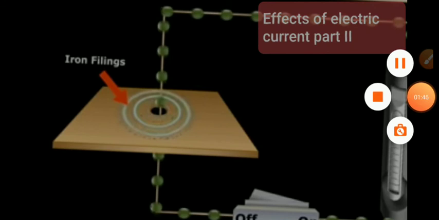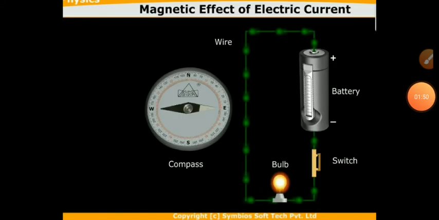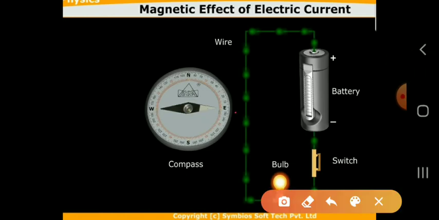Let us see one slide here. See children, here with the green color it is shown. You can see that here the current is flowing. As the current starts flowing, the circuit is complete, and if current is not flowing, then the compass will remain in its original position.